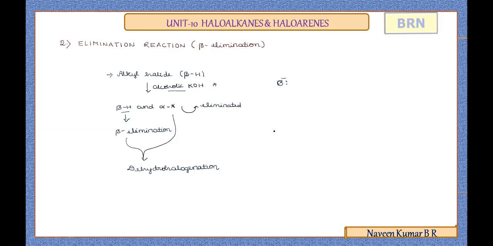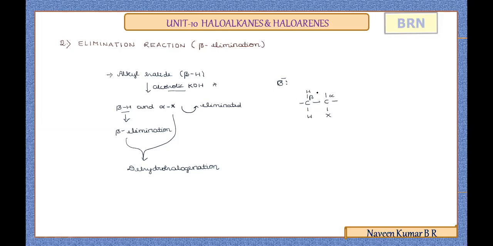If we take an alkyl halide possessing the beta hydrogen, we know that the carbon attached to the functional group is designated as alpha in the common notation. The second carbon is indicated by the Greek notation beta. The adjacent carbon is referred to as the beta carbon, which should possess a hydrogen.